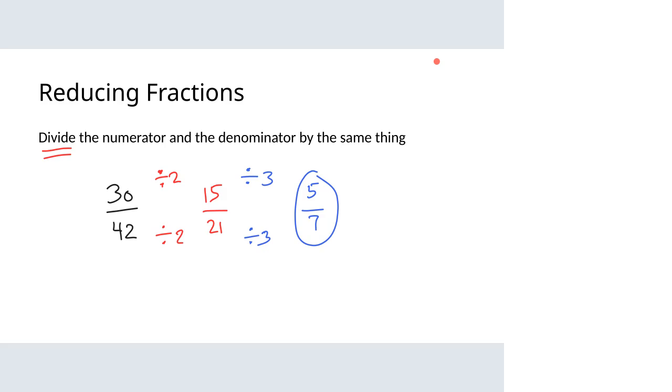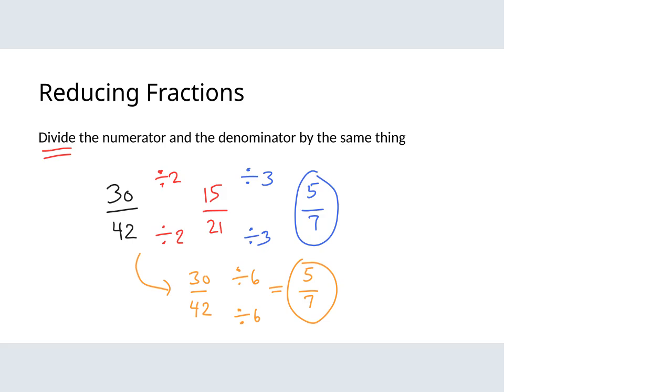It's certainly possible for numbers like 30 and 42 that some of you might have said, yeah, I get your even number thing, but right away I can see that I could divide each of those by 6. I could take this 30 over 42 and divide the numerator by 6 and the denominator by 6. 30 divided by 6 is 5, 42 divided by 6 is 7, and sure enough, that gets you to the same place.